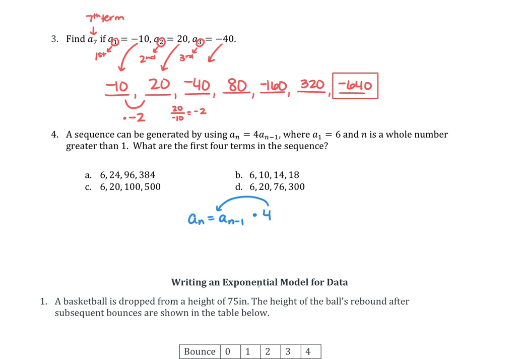Important thing here is it says A1 is 6, so we know the first term is 6. And we know that our common ratio is 4, so we're multiplying by 4 to get to the next value. Well, 6 times 4 would give me 24. Based off of that information alone, I know that my answer must be A. It's the only one that shows 6, then 24.